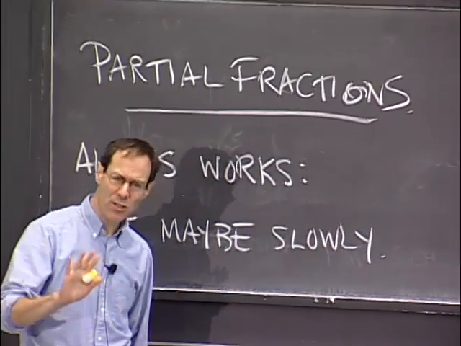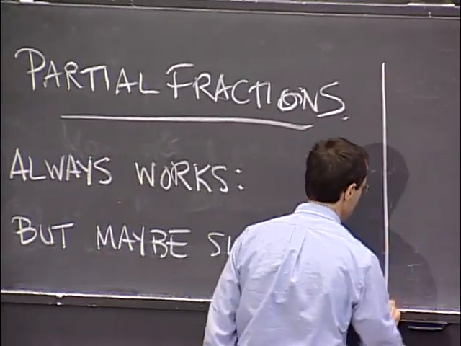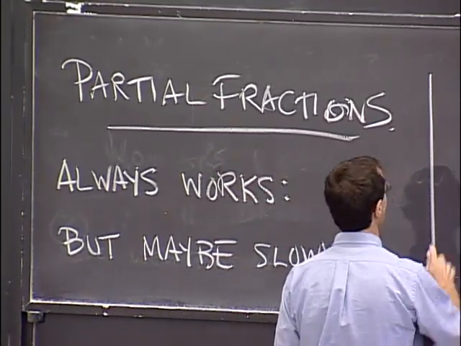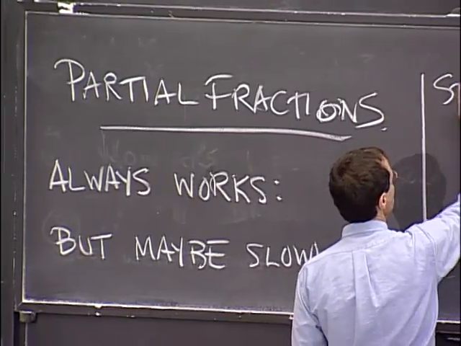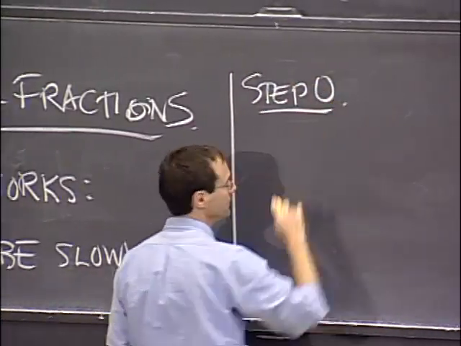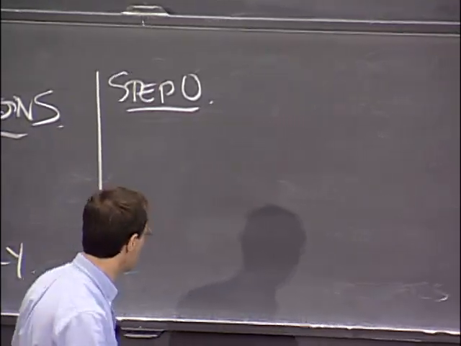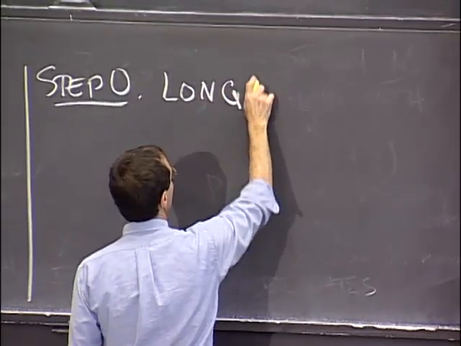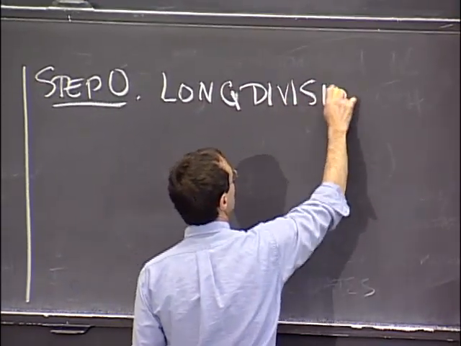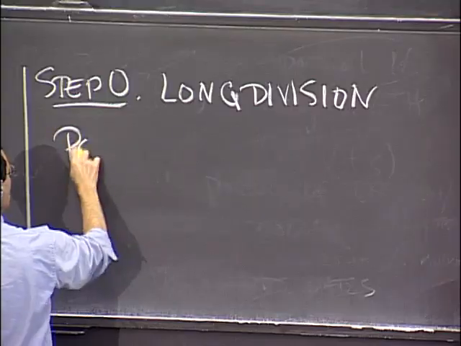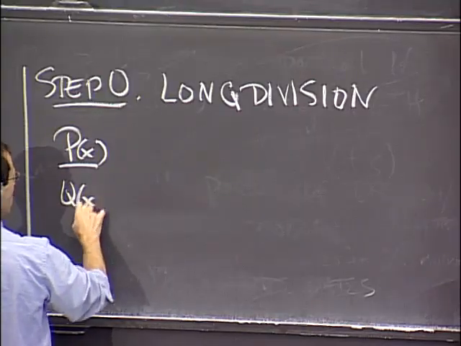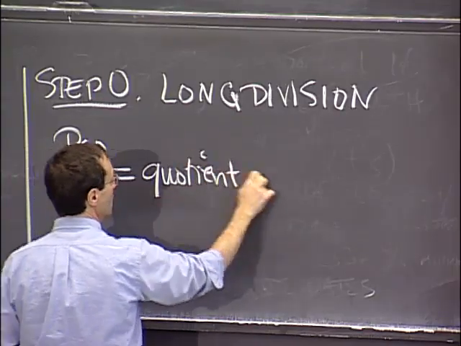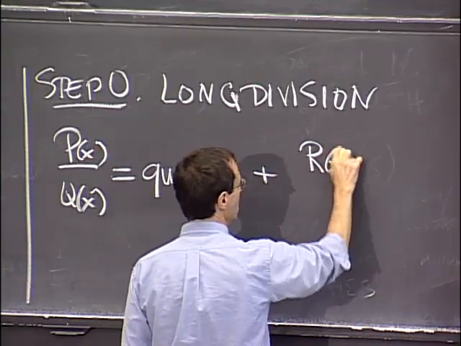Now, there's a little bit of bad news, and I have to be totally honest and tell you what all the bad news is, along with the good news. The first step, which maybe I should be calling step 0, I had a step 1, 2, and 3 last time, is long division. That's the step where you take your polynomial divided by your other polynomial, and you find the quotient plus some remainder.